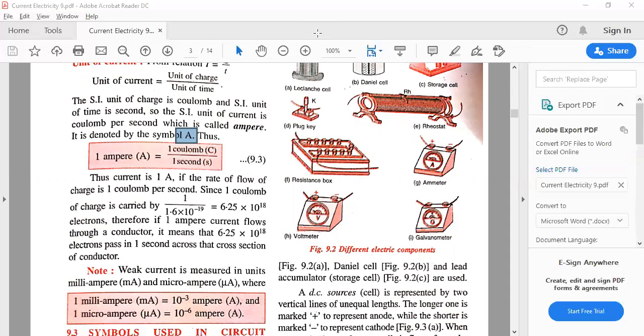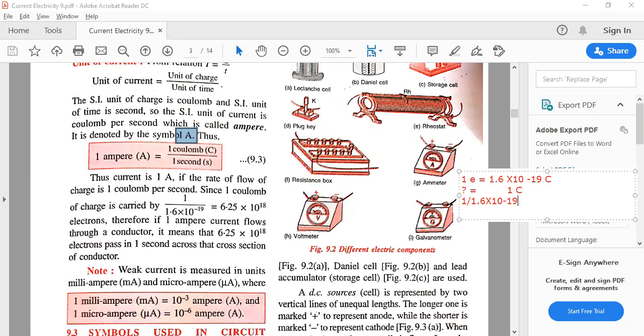Tell me, the charge of 1 electron is how much? 1.6 into 10 raised to minus 19 coulomb. So in 1 coulomb, how many electrons will there be? 1 electron is this much coulomb, so it will be 1 upon 1.6 into 10 raised to minus 19.